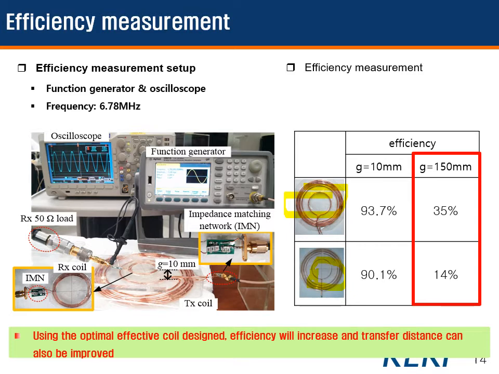From the measurement, the optimal coil has a better coupling efficiency, especially when Z is larger, and the efficiency is better than the case of the coil which is not optimized. So it means the optimized coil will have a better coupling efficiency.